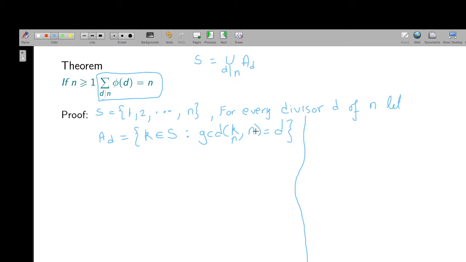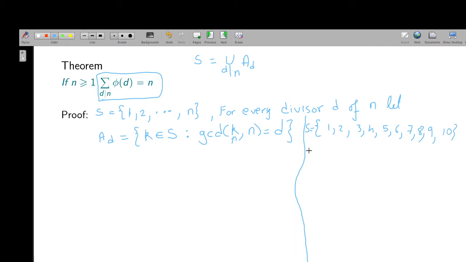You can't have k such that the GCD of k and n is d1 and also d2. That's not going to take place. So the GCD is a unique integer. Let's look at the case when n is equal to 10. So S will be 1, 2, 3, 4, 5, 6, 7, 8, 9 and 10.